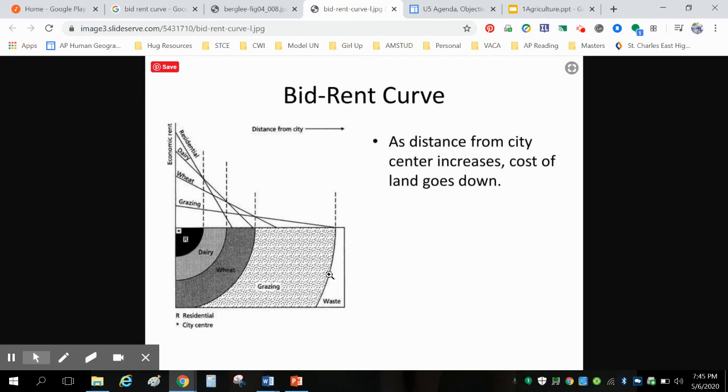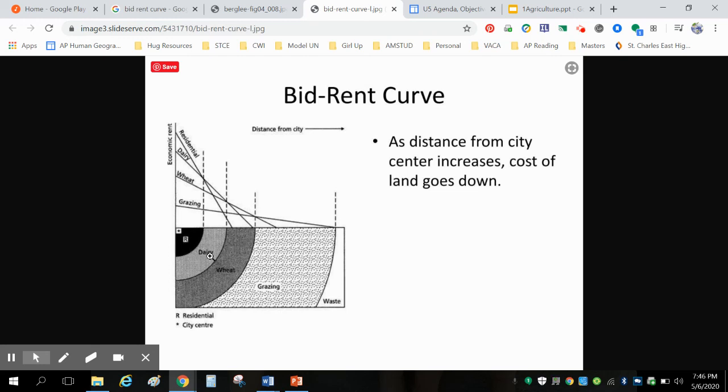If you need a ton of land, you're going to want to locate further away from the market because land is cheapest here. That way you save money on your land costs because you need so much of it. And the same is true for here. If you're a dairy farmer or you're growing fruits and vegetables, you may need to be closer to the market because even though the land is more expensive, you're betting on the fact that your profits are still going to be higher because you are going to be closer to the market, which means more of your product will survive that transportation.